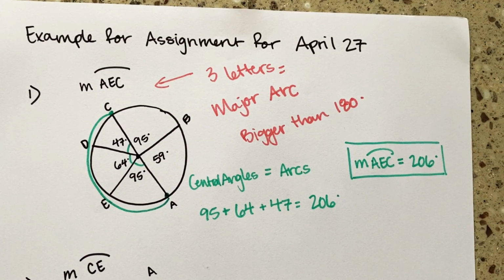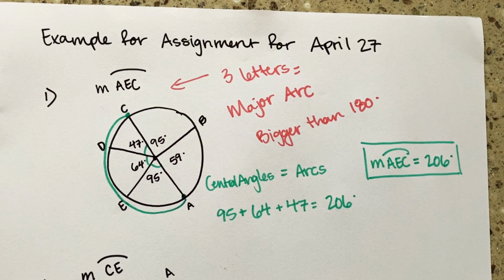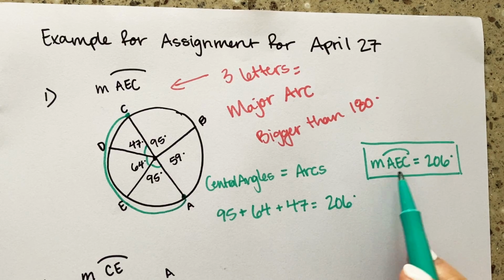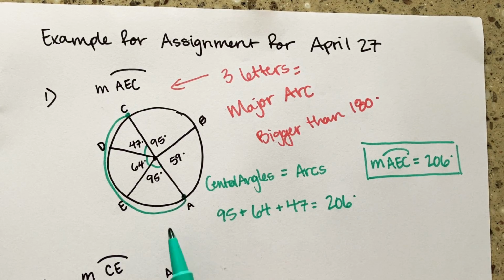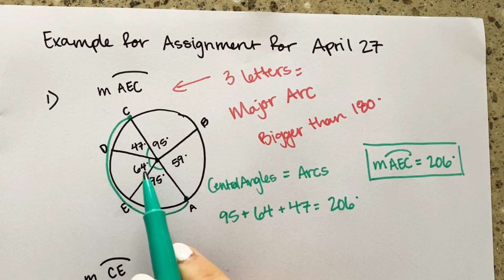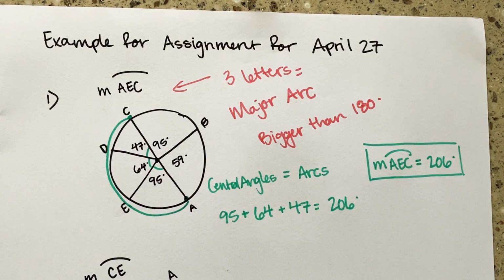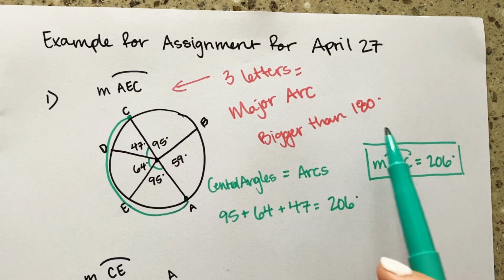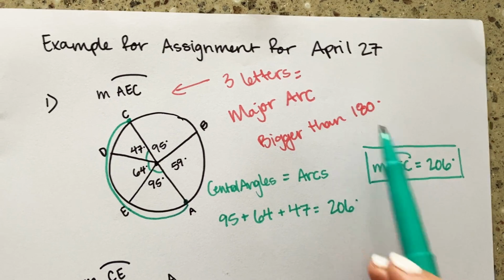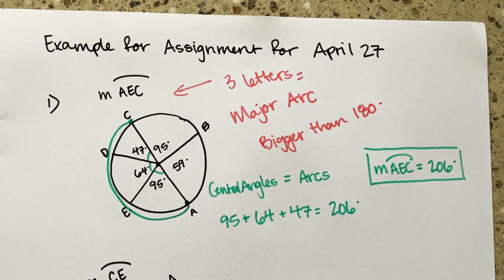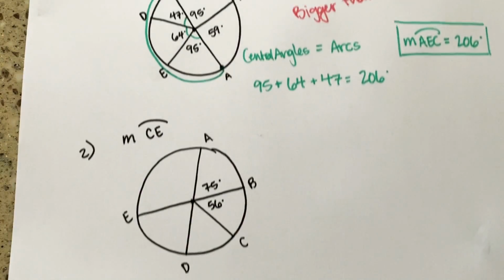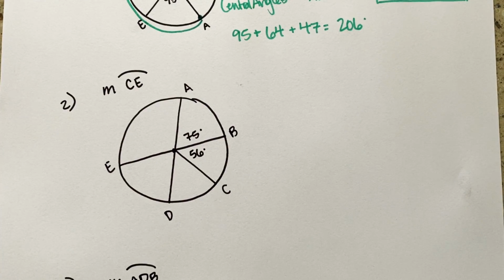That is our answer. We got that by just adding up all these little angles inside, because that's going to tell us our major arc. Beautiful. And speaking of major arcs, was it more than 180? Yep, 206 is more than 180. So major arc.